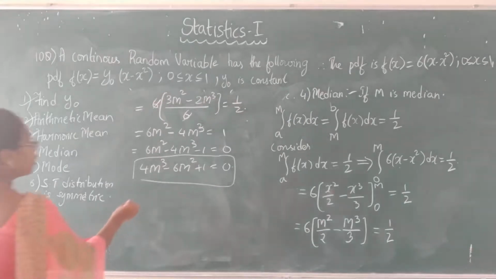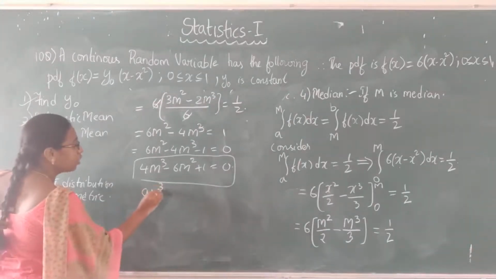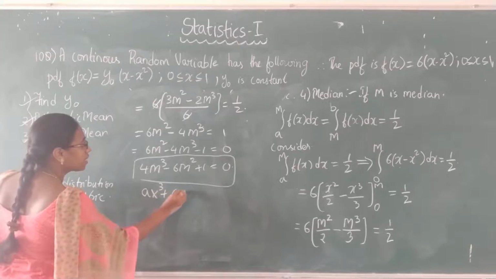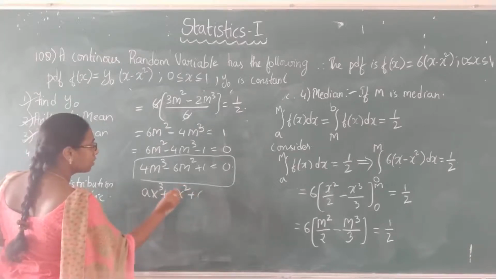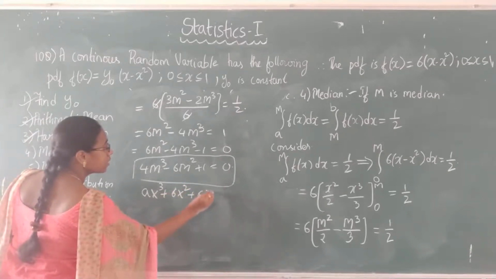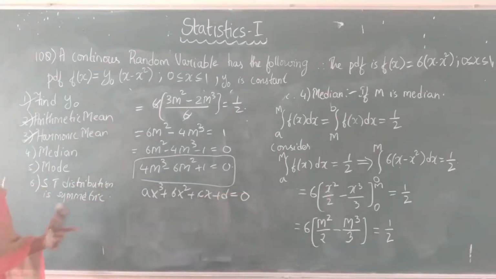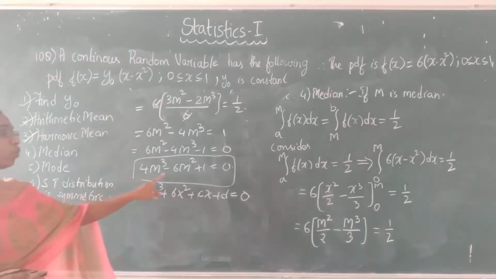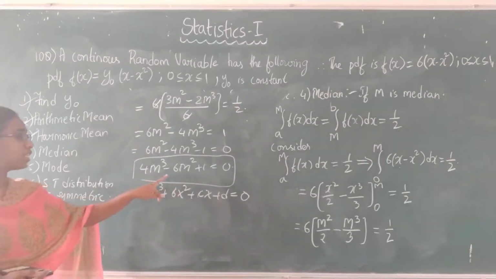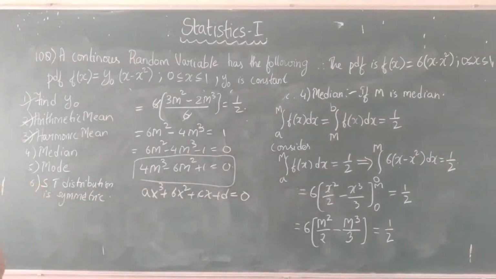Generally a cubic equation will be of the form ax cube plus bx square plus cx plus d equals 0. So this is a cubic equation. Here we have only one constant. Constant is nothing but parameter. In other calculators you will have a number of constants or number of unknown values.